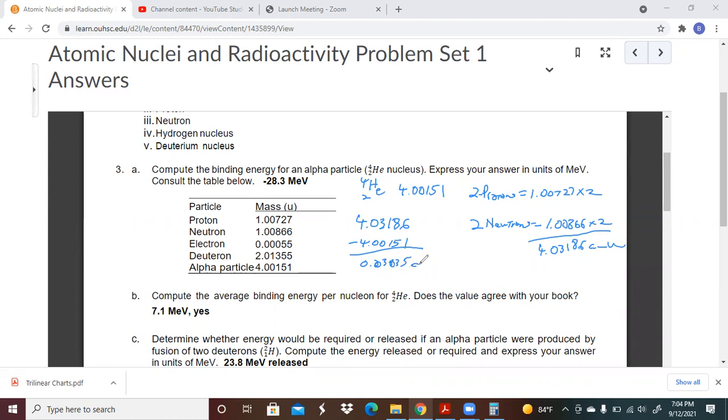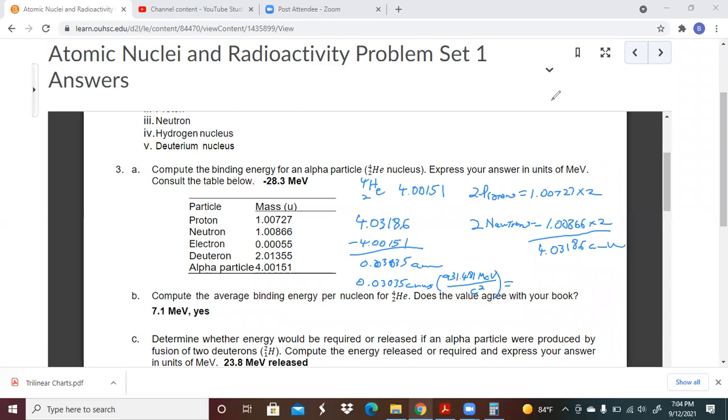So this is how many AMUs we have. Now, in order to take the number of AMUs and translate that into MeV, which is what we're really looking for, I'm going to use 931.481 MeV per speed of light squared.